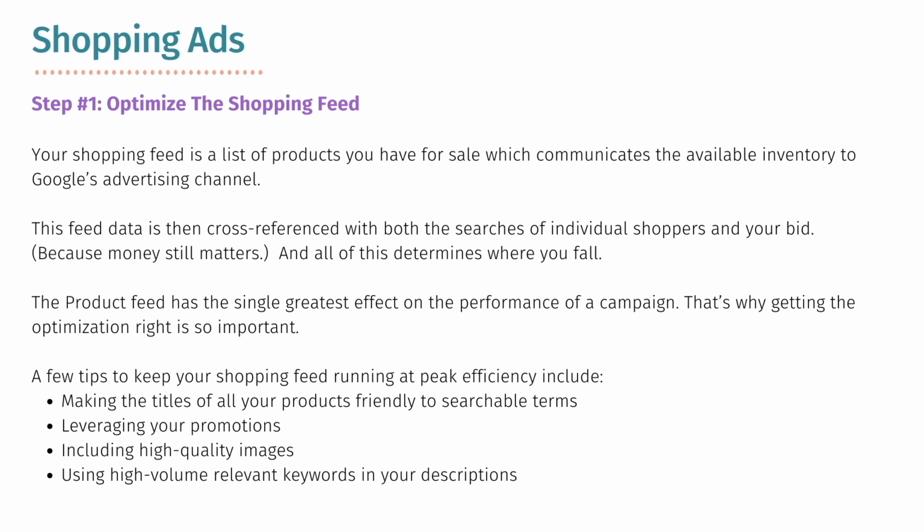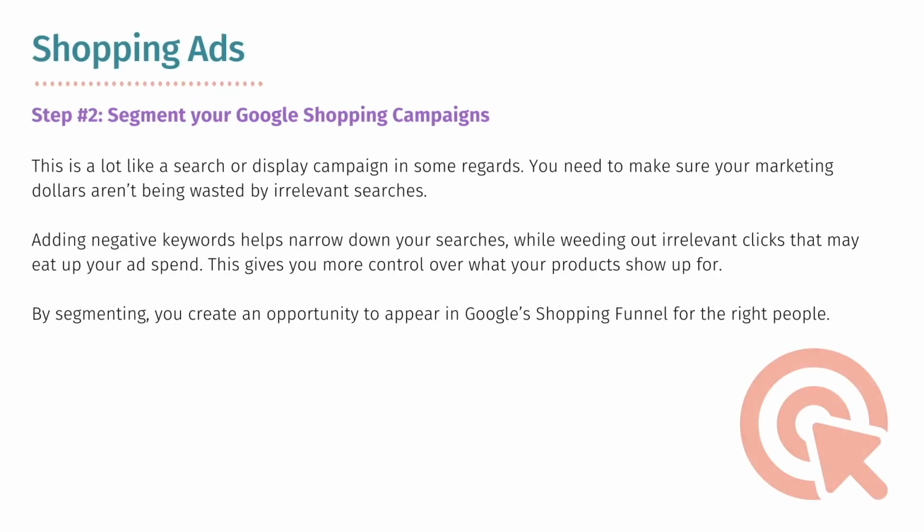And then what we do is we set up a data feed that cross-references with both the searches for the individual shopper and your bid. So that kind of determines where you fall. That's why it's kind of different than keywords. It's not really setting up that list. It's really about your product feed. And that's why getting that down pat is immensely important.